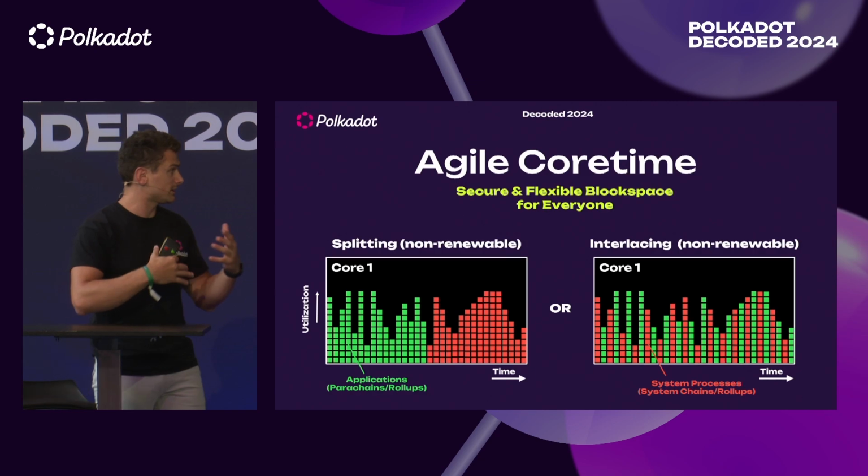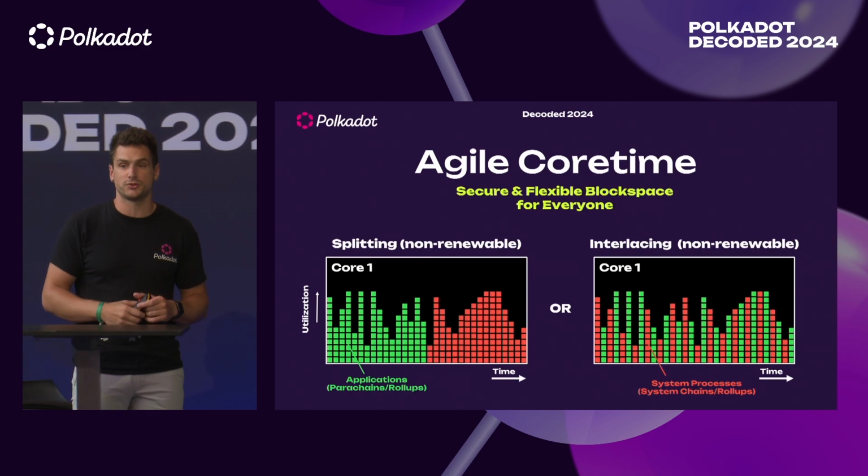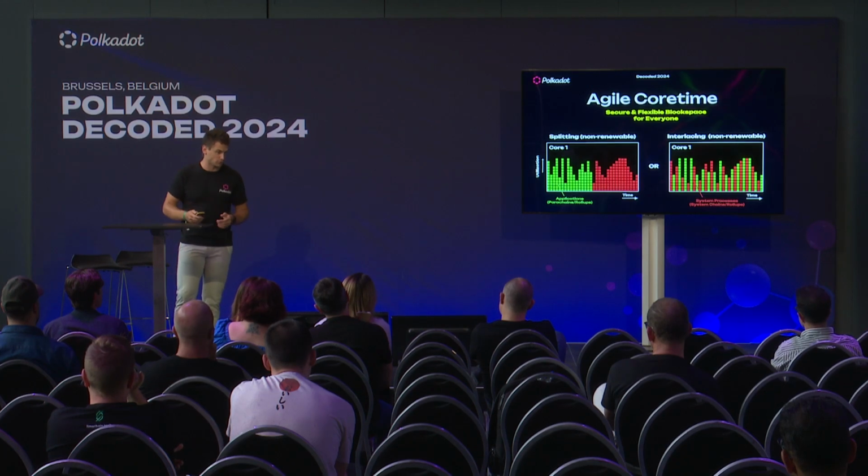So it's a more agile system that provides lower barriers of entry to Polkadot. You know that Polkadot has auctions. There will be no auctions anymore. You buy core time with DOT, the DOT revenue gets burnt, and you get access for a limited amount of time to this computation resource that are Polkadot cores.